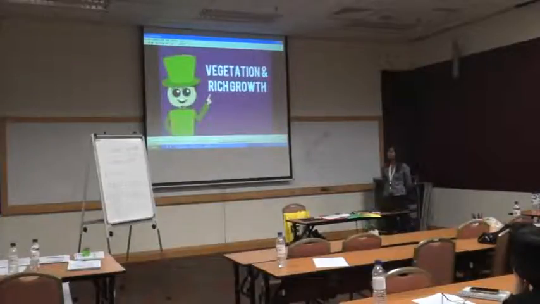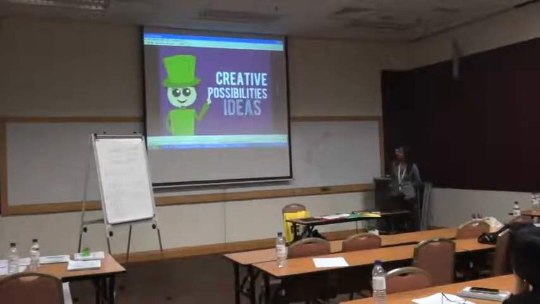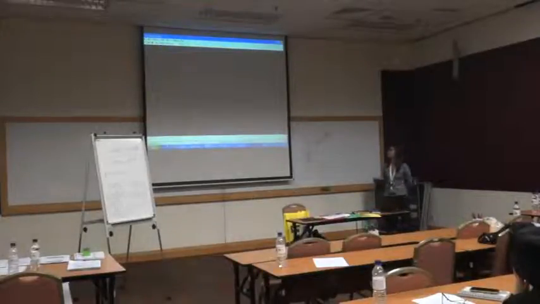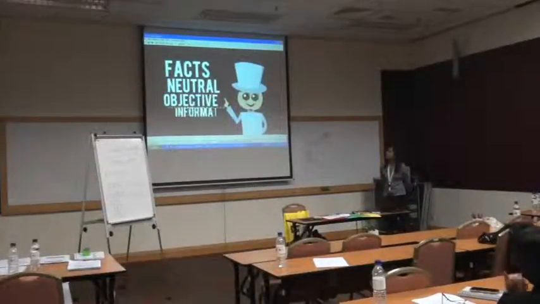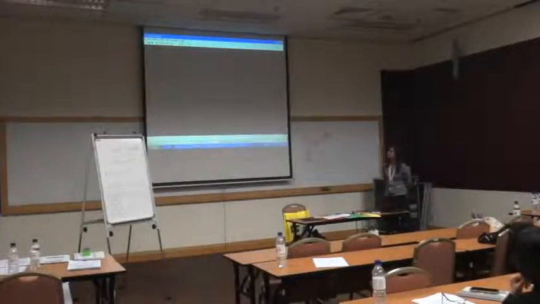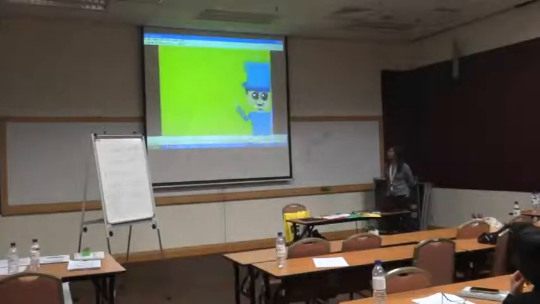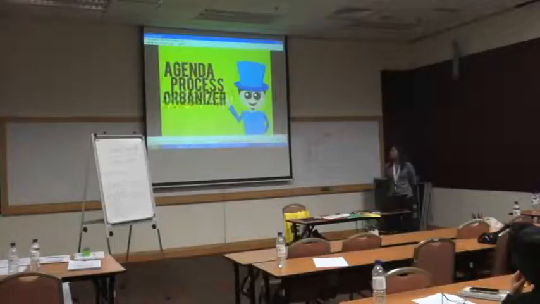Green hat. Think of vegetation and rich growth. This is the hat for creative possibilities and ideas. White hat. Think of white paper. It covers facts, neutral, objective and information. Blue hat. Think of the sky and overview, associated with agenda, process, organizer and decision.